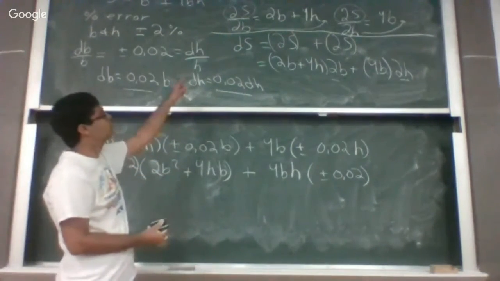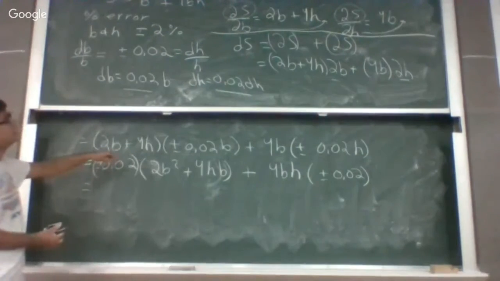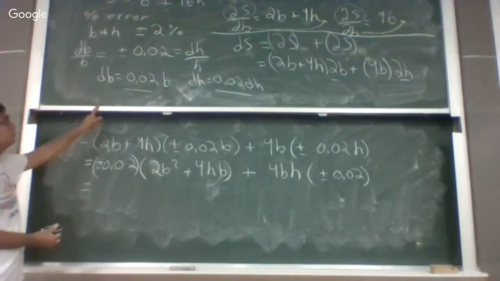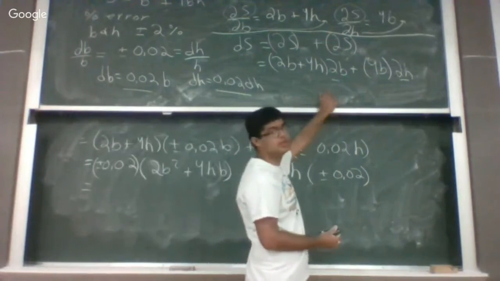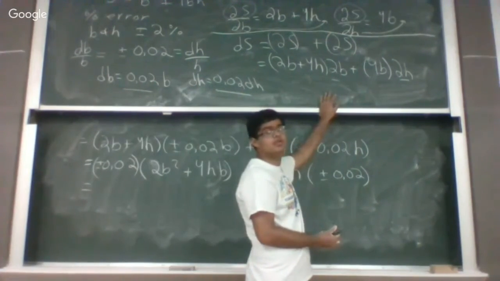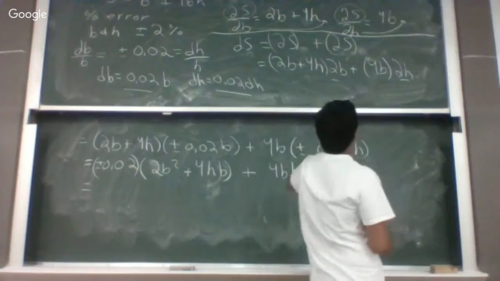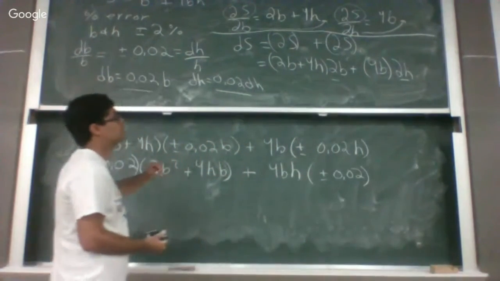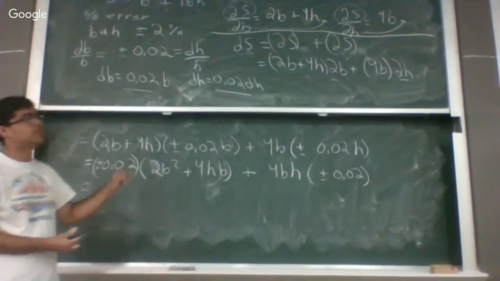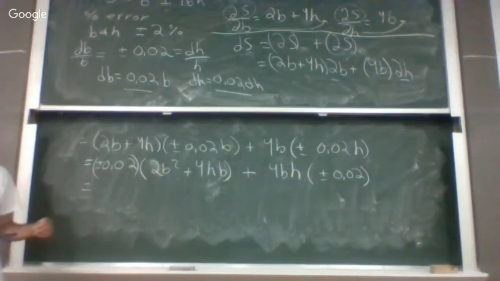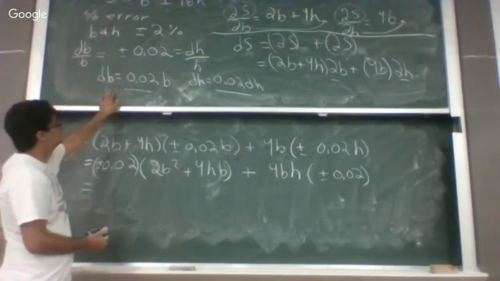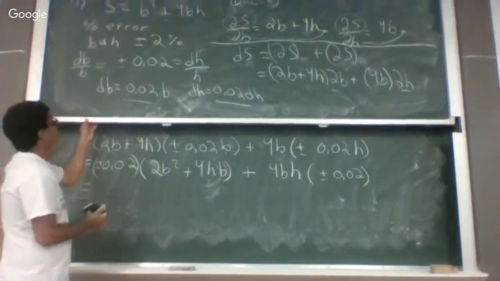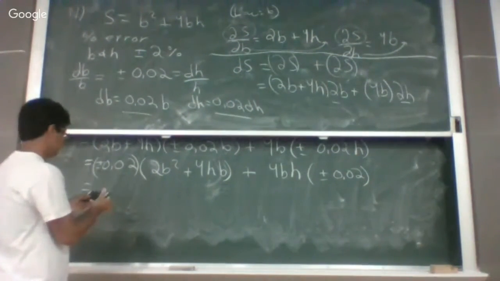We found partial of s with respect to b. In order to get ds with b alone, we need to multiply 2b plus 4h by partial of b. Okay? To get ds with h alone, we need to multiply 4b by partial of h. Okay? We know those values that we found before here.